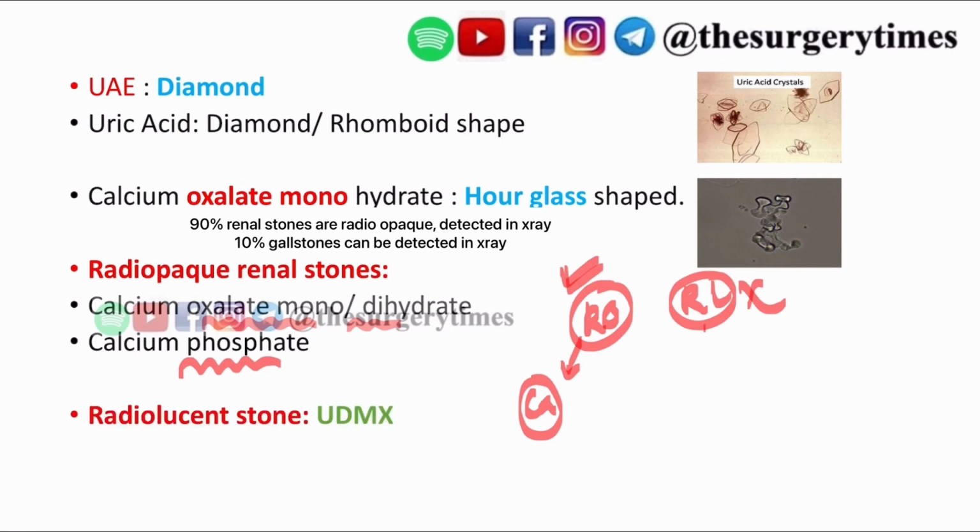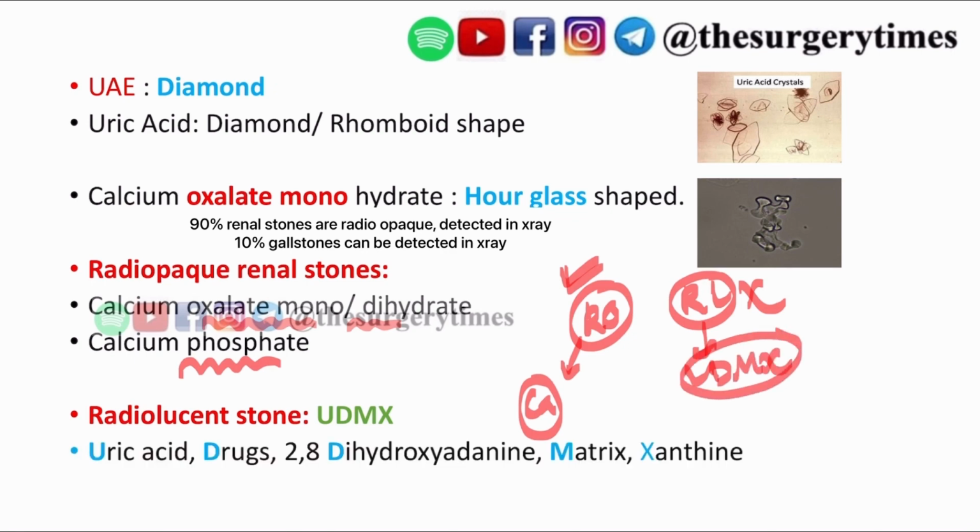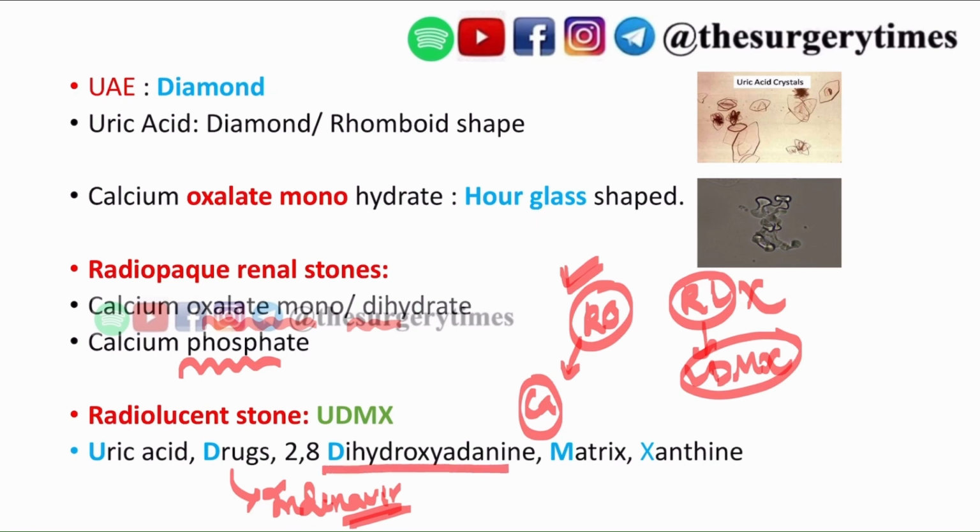Whereas radiolucent stones are UD-max: uric acid, then drugs like indinavir, which is a very rare condition. Others are 2,8-dihydroxyadenine, matrix, and xanthine stones.